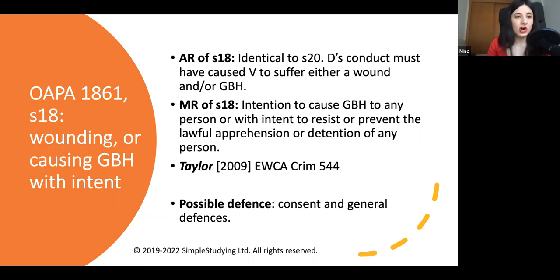So the physical act is the same, but the difference is in intention: intention to cause serious bodily harm to any person, or with intent to resist or prevent the lawful apprehension or detention of any person. That could also satisfy the mens rea requirement. Have a look at the case of Taylor for more information.